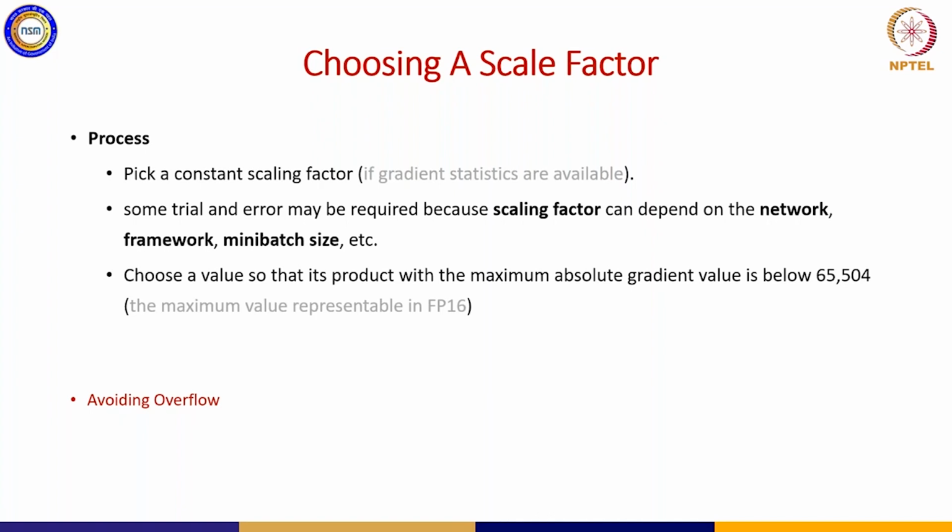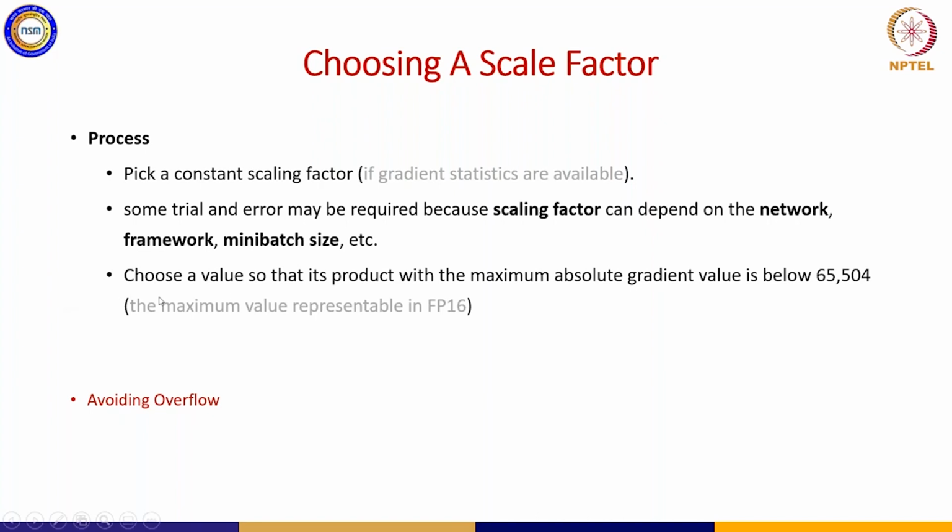Now, why do you have to use trial and error? It is because this scaling factor is dependent on other factors like your network size, that is your model size, the framework you are using, whether TensorFlow, PyTorch, or MXNet, and also the size of your mini batch. It also depends on that. So that's why you have to try until you're able to get the right scaling factor for the kind of task you're doing.